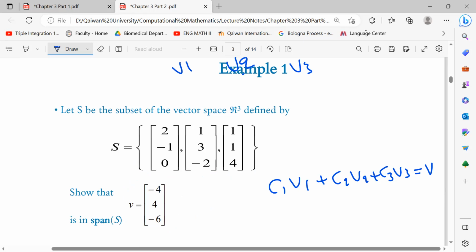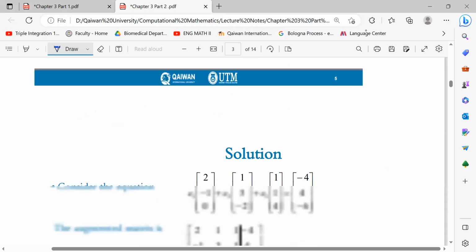So V is a linear combination of S. If it's satisfied, it means V is in span S. It's the same.